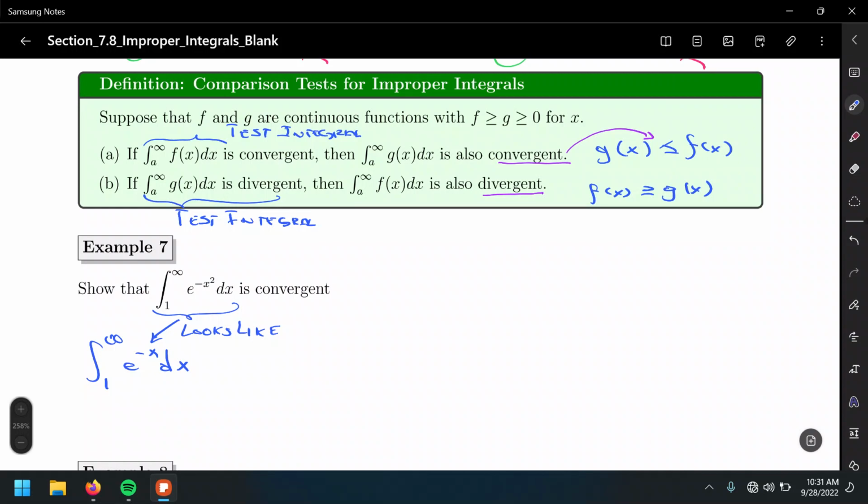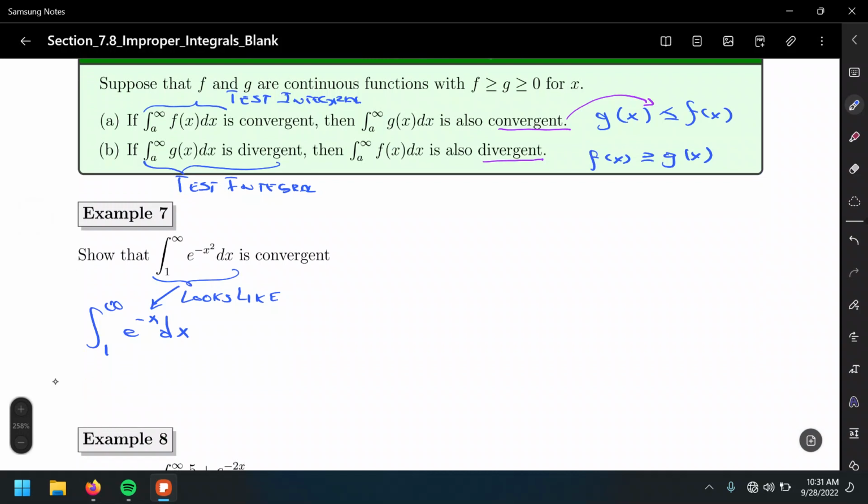So what do we know about this integral? This is the integral of a decaying exponential function, and we're integrating from 1 to infinity. This should be a convergent integral. In fact, if you want to do the integration, the limit as b approaches infinity of the integral from 1 to b of e to the negative x dx equals negative the limit of e to the negative x from 1 to b, as b approaches infinity.